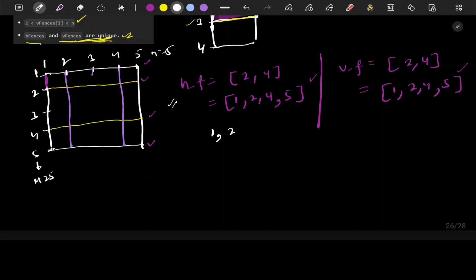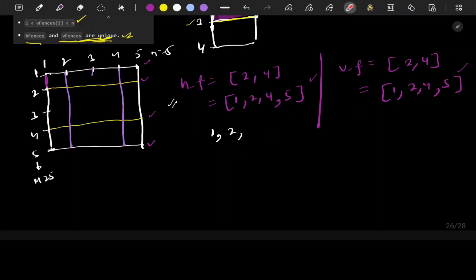Also we can have this 5 one, right? 5 horizontal minus 1 will be 1, 2, 3, 4 units. Also 5 minus 4 will be 1, and 5 minus 2 will be 3 units, also possible.